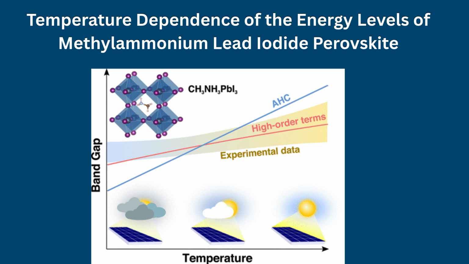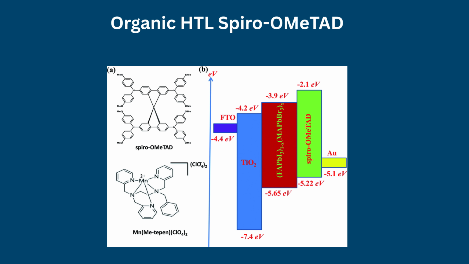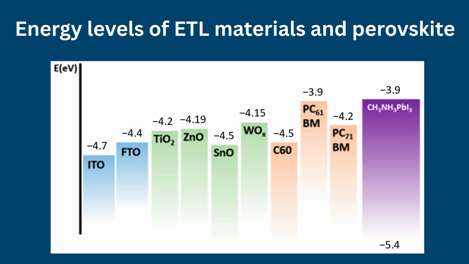Charge transport materials must exhibit appropriate energy level alignment and high carrier mobility. Organic HTLs, such as spiro-OMeTAD and PTAA, inorganic HTLs, for example, nickel oxide, and carbon-based materials are widely explored. Similarly, ETLs include metal oxides, titanium dioxide, tin oxide, and organic semiconductors such as fullerene derivatives.